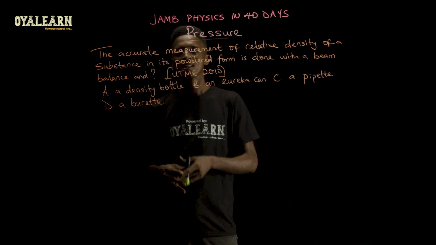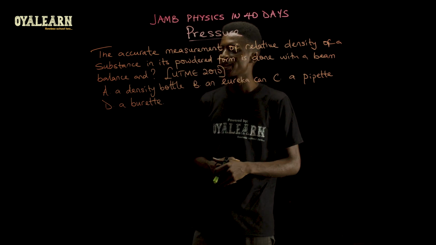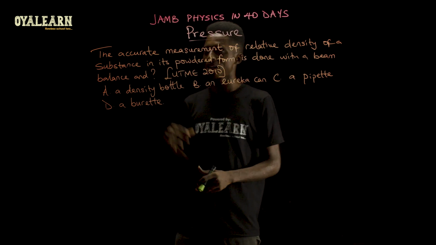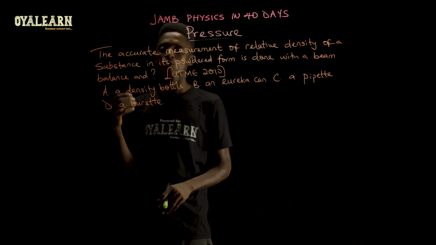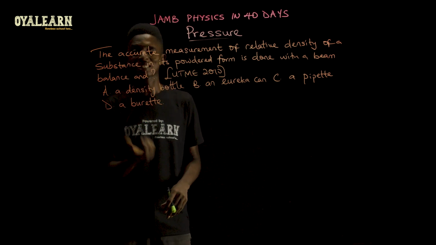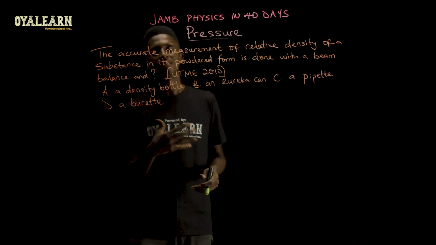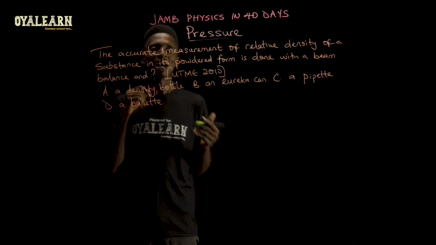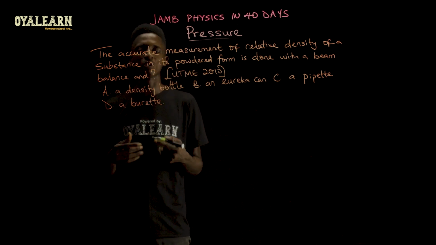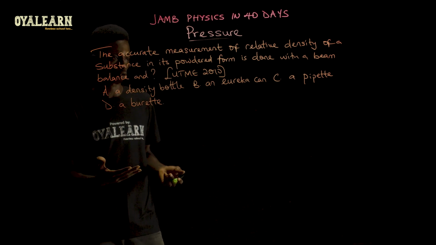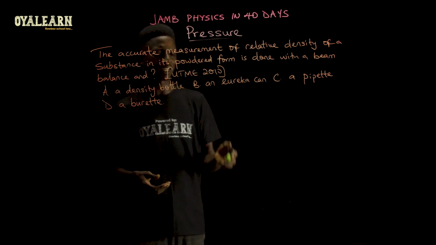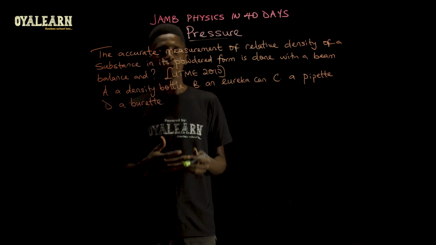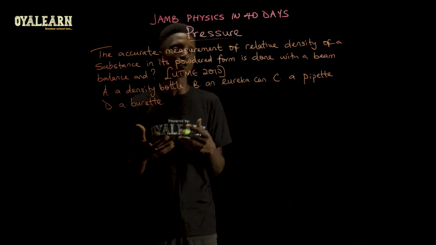Now, this question says, the accurate measurement of relative density of a substance in its powdered form is done with a beam balance, and that is when you have a particular material in its powdered form, for example, like sand, and you're asked to find the relative density. You need to measure the mass and then to find the density of the material, and the apparatus we use for that is known as the density bottle. And for the other options that are provided here, the Eureka can, for example, is used to find the volume of a material that has a regular shape.